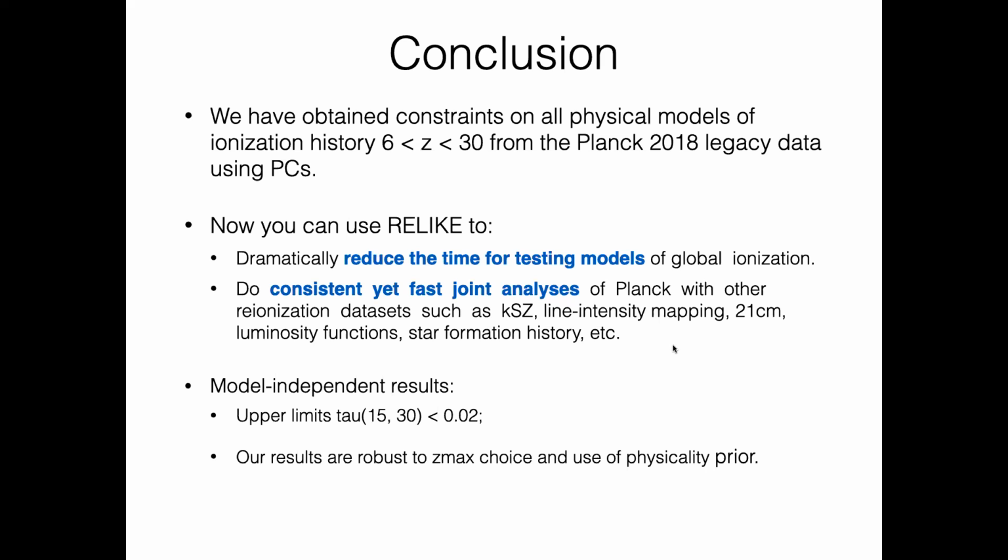That tau prior is derived from the tanh model, and that would not be a consistent way of doing a joint analysis, but it was so much work to do it properly before. You have to modify CAMB, you have to hook to the Planck likelihood data set. So it was so much work before, but now you simply need to plug in ReLike as a Python module for your likelihood.